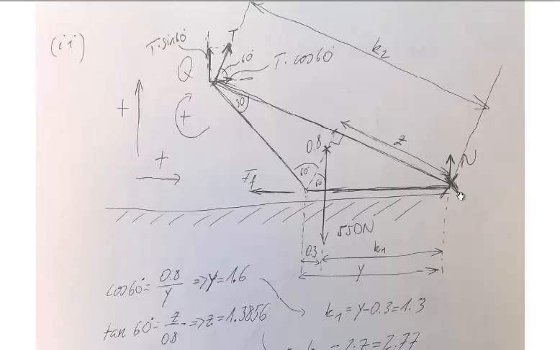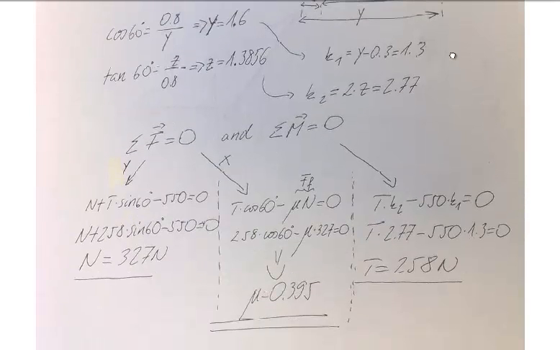The cone topples about P, so we use now T. It has a positive moment, T times k2, and negative the gravitational force. So it is here.